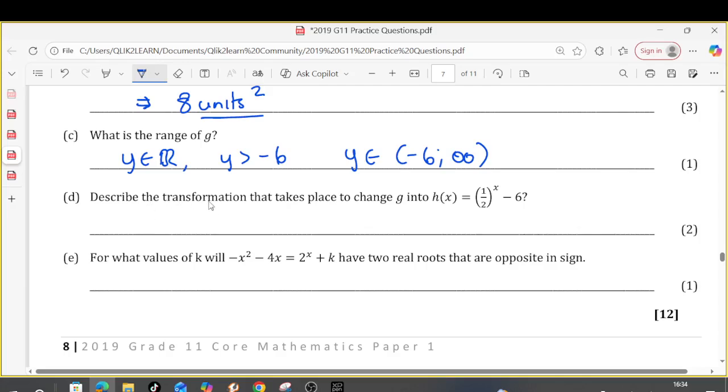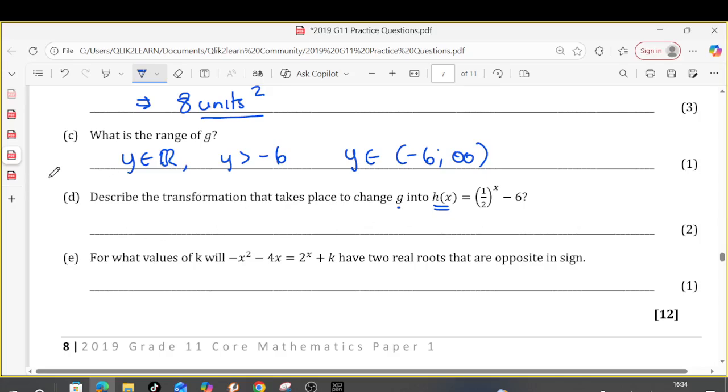So describe the transformation that takes place to change G into, how can we change h at x to be 1 over 2 to the power x minus 6? This is the transformation. When we talk about the transformation, let's first work out that 1 over 2.